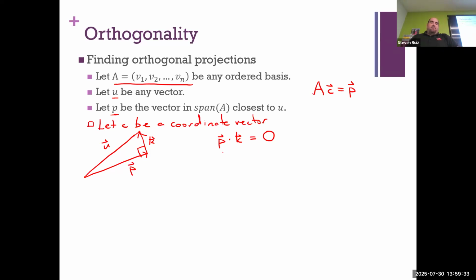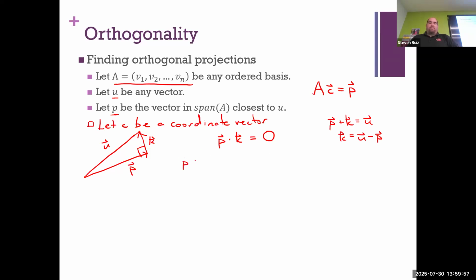So let's start dropping in some other things here. Let's solve for K. I know that P plus K equals U. So what does K equal? K equals U minus P.